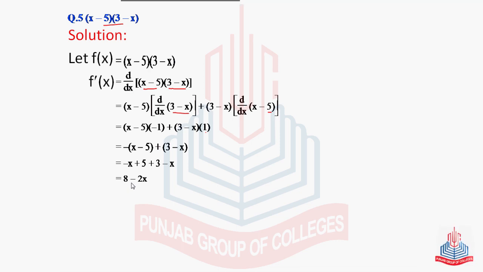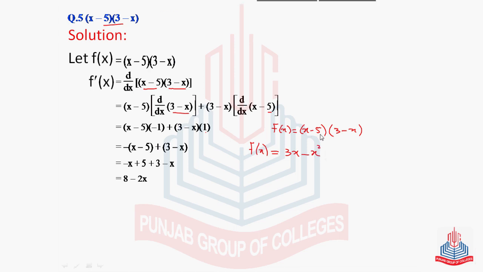Now we solve this question in another way. Let f of x is equal to (x minus 5) into (3 minus x). Before we apply derivative on this question, we simplify it. Let f of x is equal to x into 3, 3x, x into minus x, minus x square.